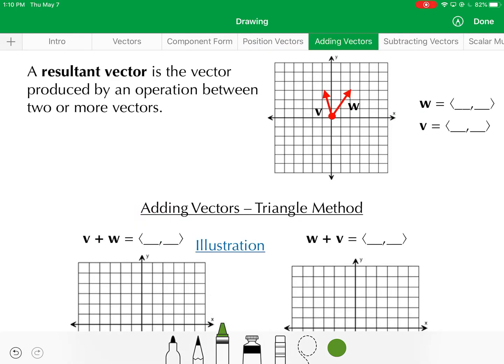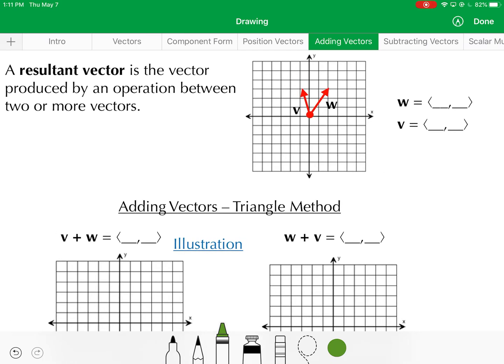All right, now let's get into the operations between two vectors. So a resultant vector is the vector that's produced by the operation between two or more vectors. So we're going to look at addition, subtraction, and scalar multiplication to lead us to resultant vectors. You will notice in this example, I already have my two vectors in their position vector form.